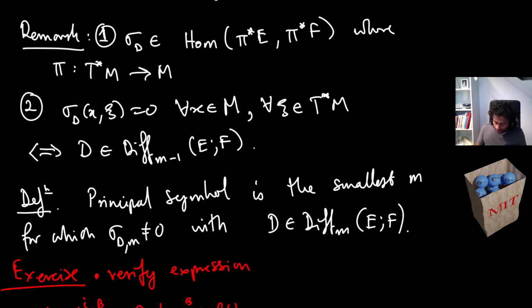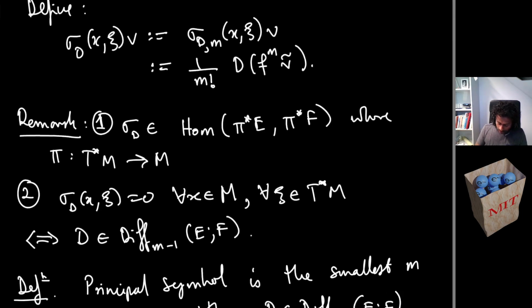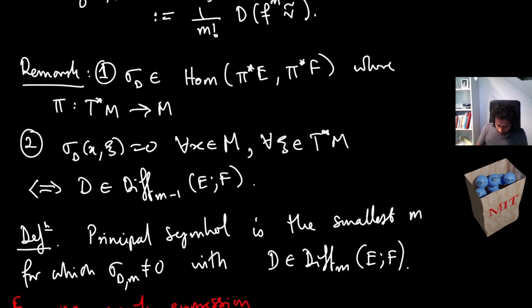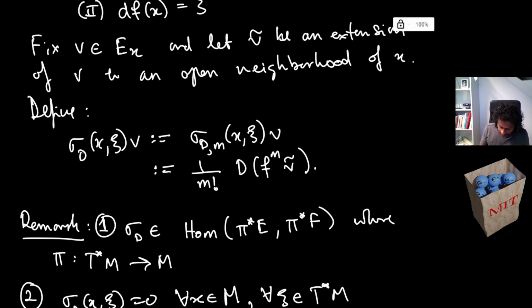So remember, if D is in diff m e of f, it's also in diff m plus 1 ef. But then this symbol that we write down here will be 0. So I want to look at all of the diff m's for which this D is in, and then I want to take the smallest m for which this symbol is non-zero. Does that clarify things?